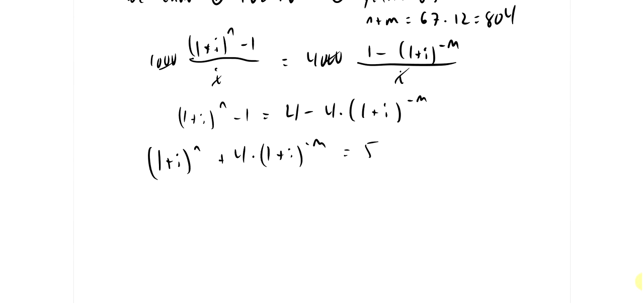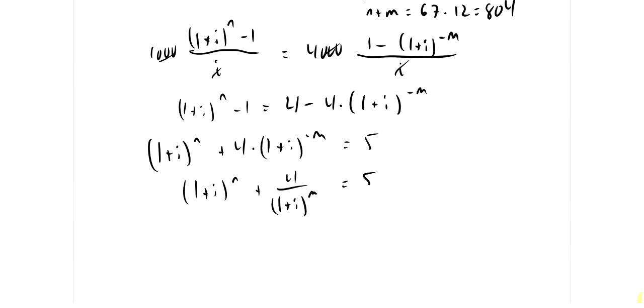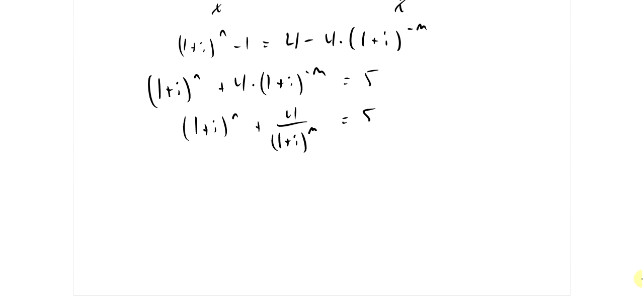Okay. And then finally, we can rewrite this like this, move that minus exponent down into the bottom, and we get that. And so we can then multiply through now by 1 plus I to the m on both sides to clear out the denominator.